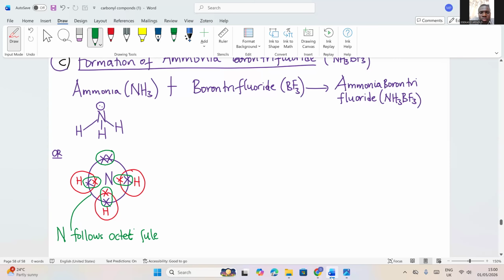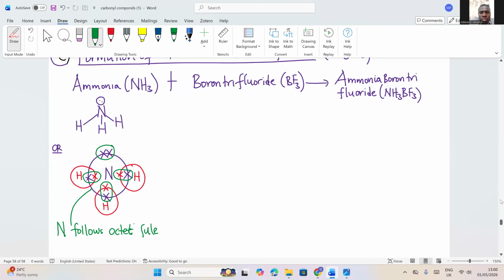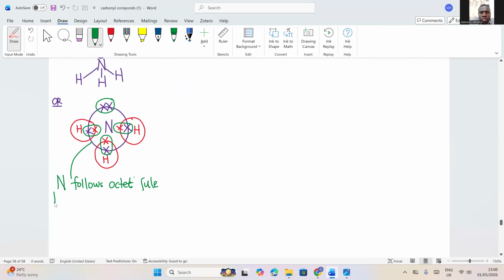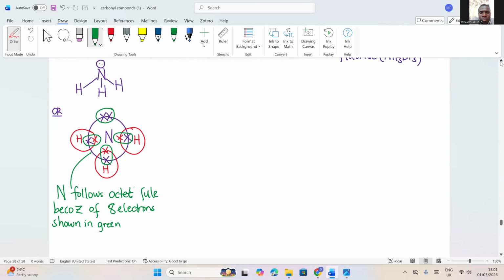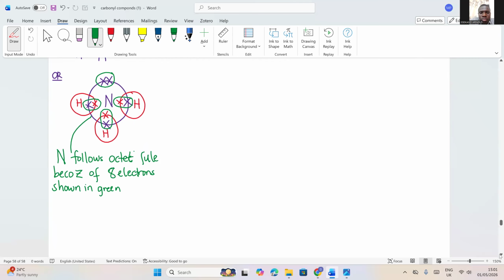N follows octet rule because of having 8 electrons shown in green.